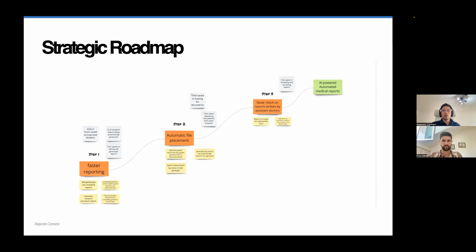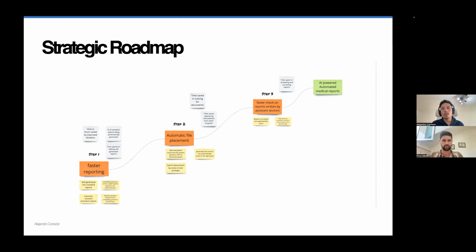Here, of course, we are focusing first on the core of the problem, which is to increase the speed and the agility that doctors currently have to write these reports, automating them. So have self-generated reports for non-standard procedures, and automatic standard procedure reports. The difference here is that the former need more verification when they are not standard procedures, while the latter are completely automatic.